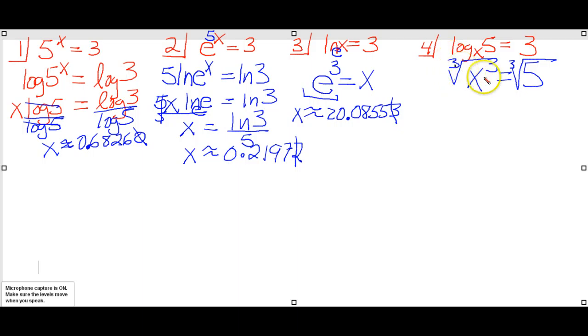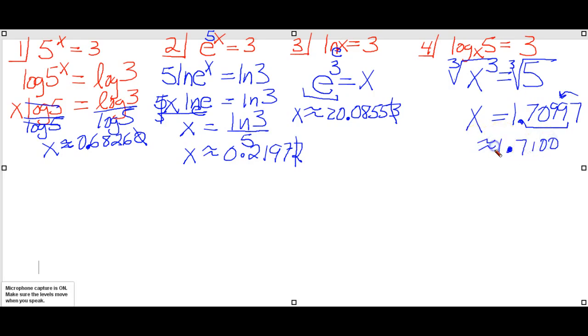So the 3rd root of x to the 3rd is x. And then the 3rd root of 5 is 1.70997. So again, if we're going to round that off, we would raise this to 1, then this goes 1, and this becomes then 1.7100.